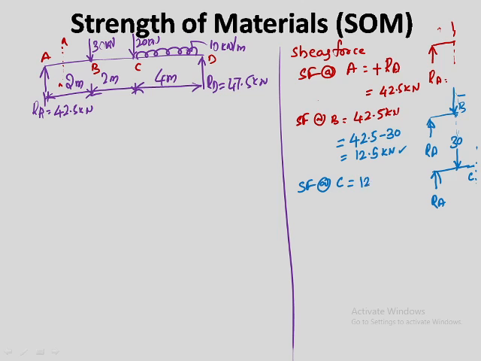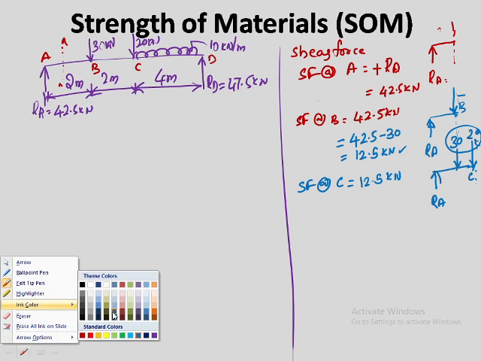The total load remains the same. Okay. Now I'll add one more load of 20 kilonewton. Now the total load trying to push in the downward direction is 50 kilonewton. So what is the load trying to push in the upward direction? It is 42.5. I'll write the complete equation, then you can understand it more easily.